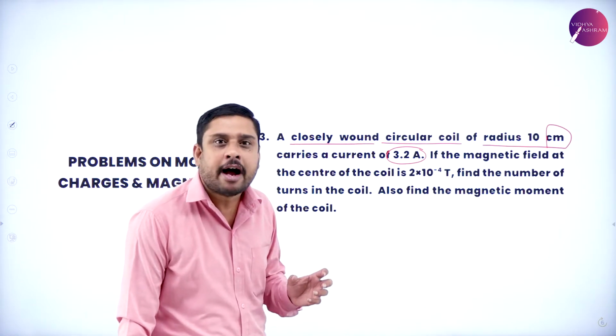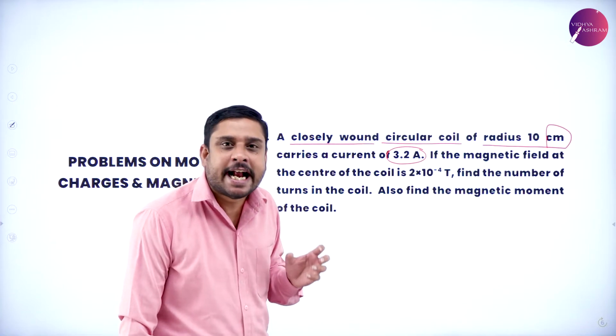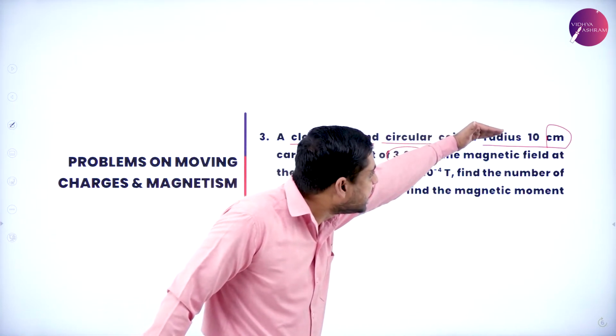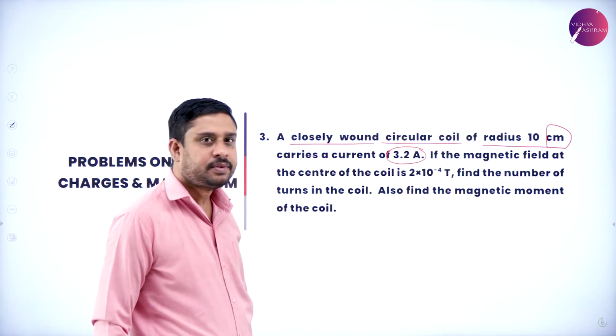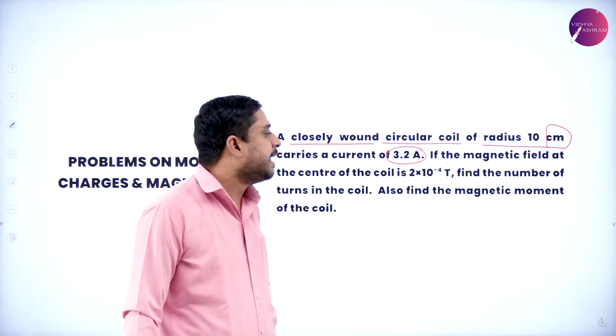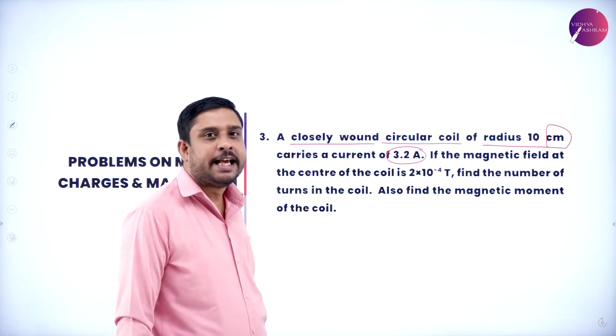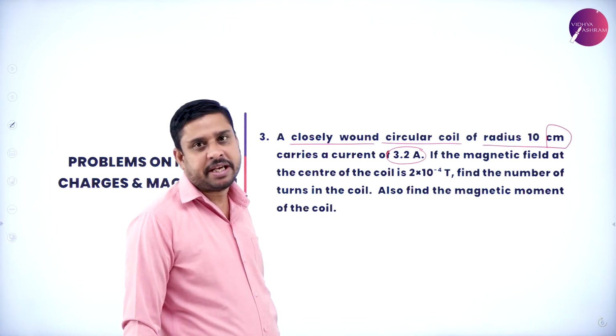So the coil of radius 10 centimeter is carrying a current of 3.2 ampere.